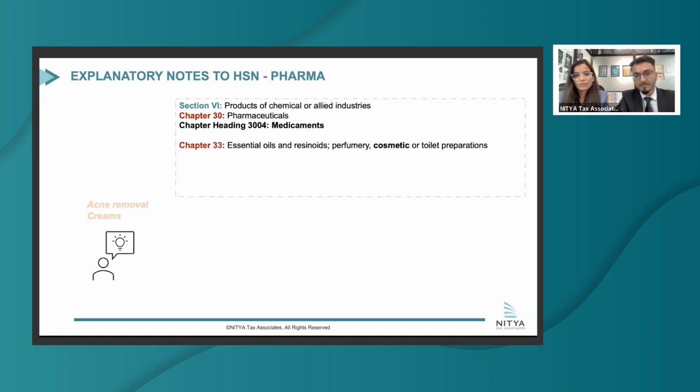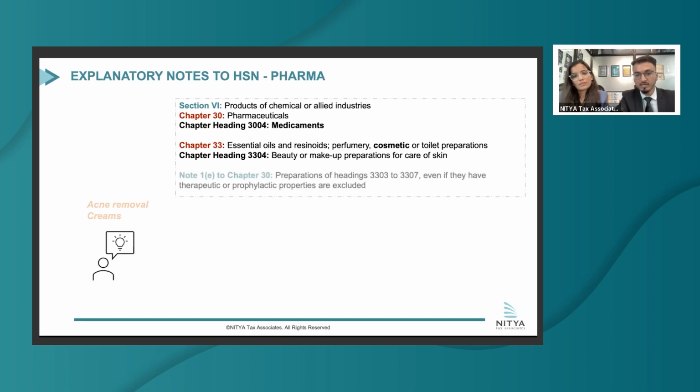Similarly, on the other hand, Chapter 33 is also relevant, which provides essential oils, cosmetic and other toilet preparations. Chapter heading 3304, which provides beauty and makeup preparations for care of skin, will be classified here.